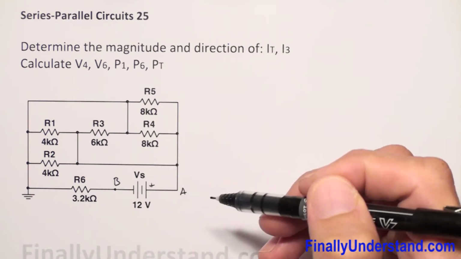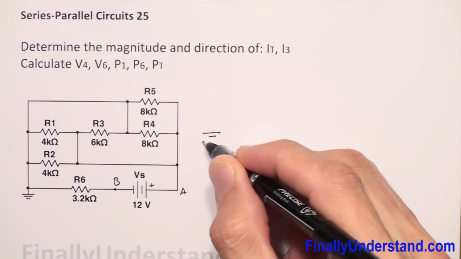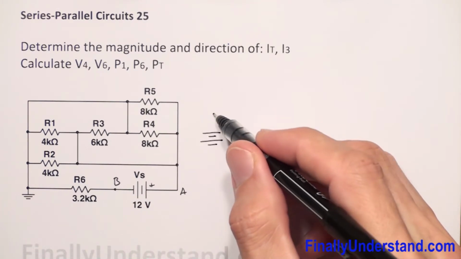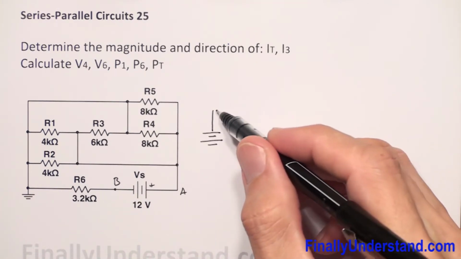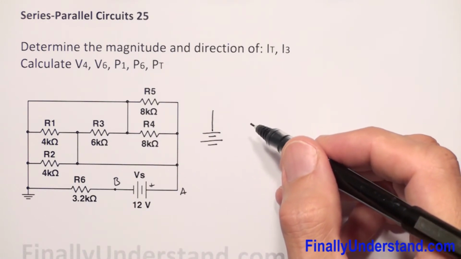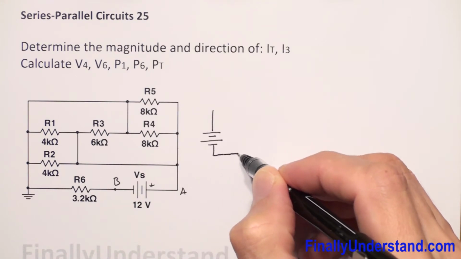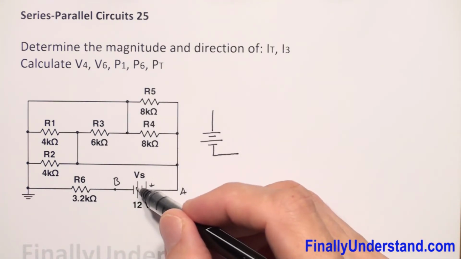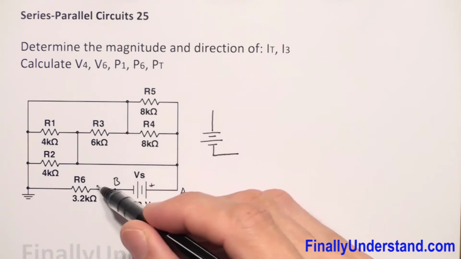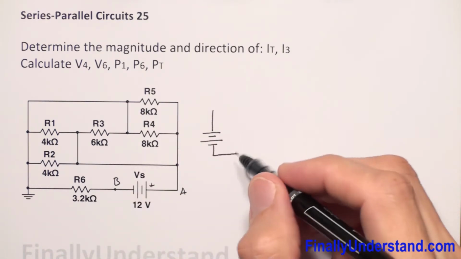So let's see how we are going to draw this circuit and make it look a little bit simpler. So we see that negative terminal of my power supply is connected to the resistor R6, right?